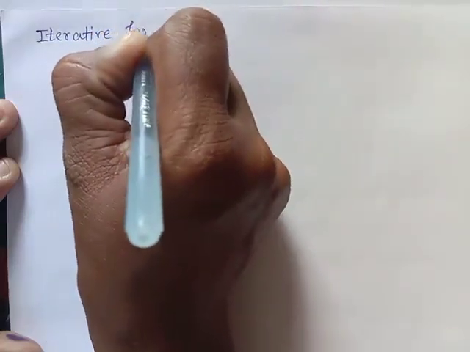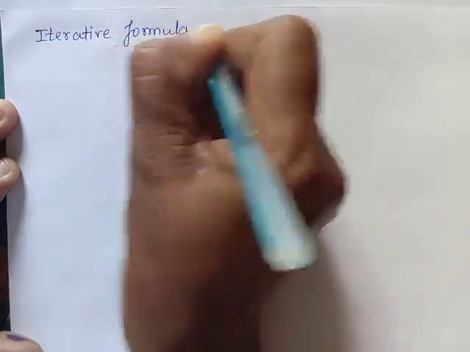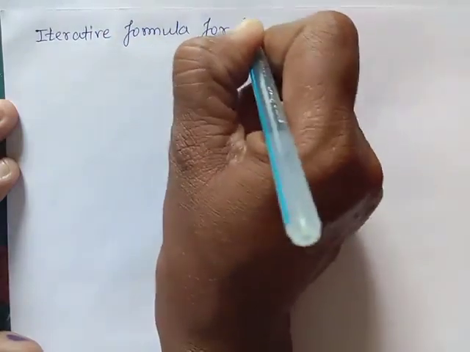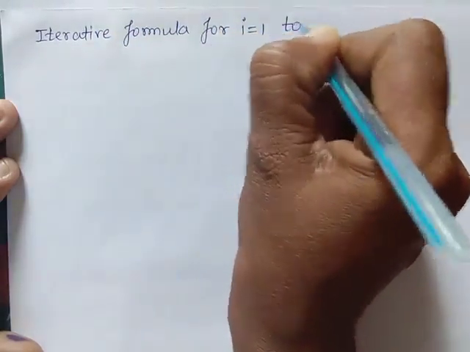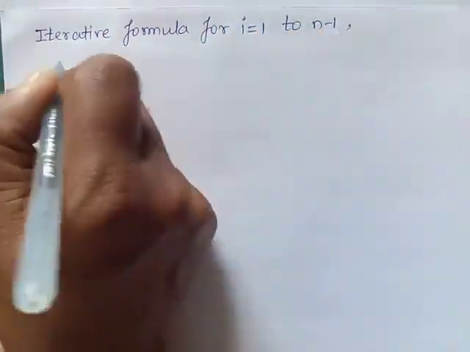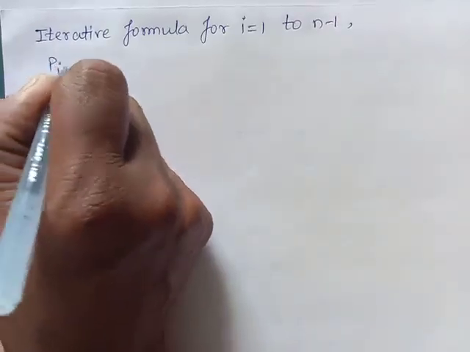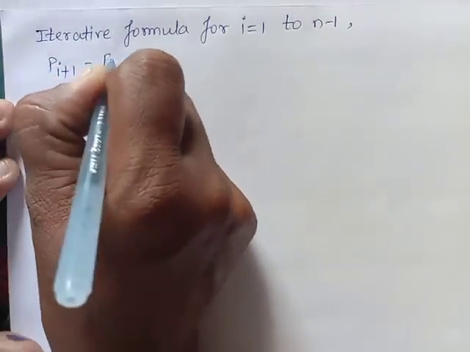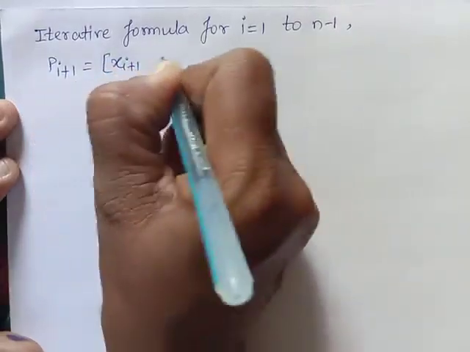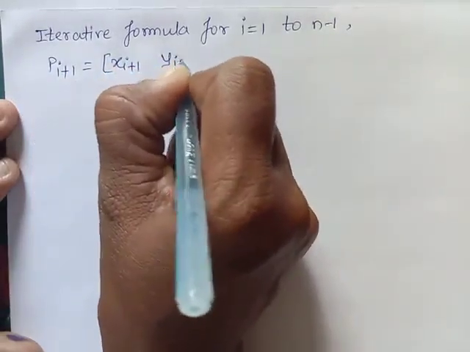Now further, the iterative formula. For i equal to 1 to n minus 1, we get P i plus 1, equal to x i plus 1, y i plus 1.